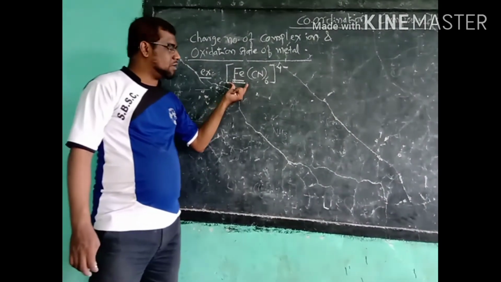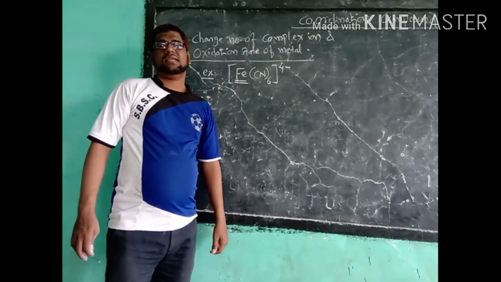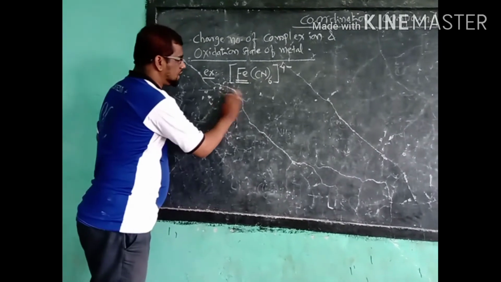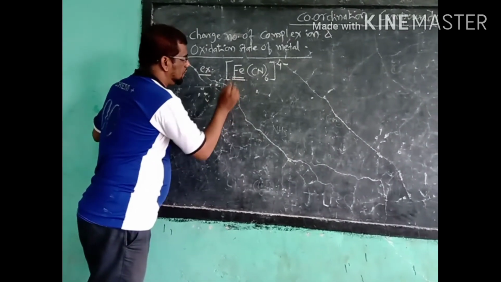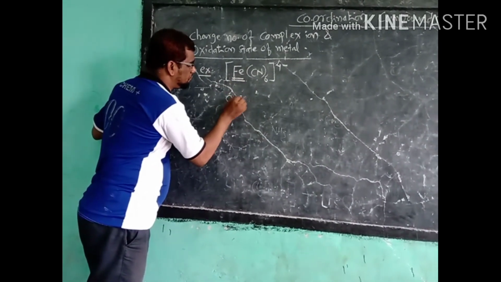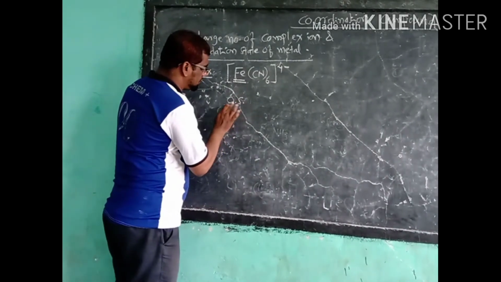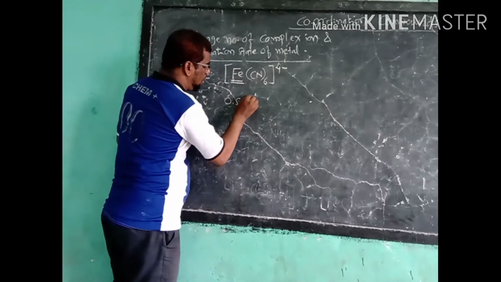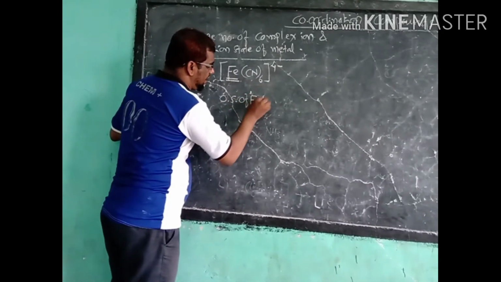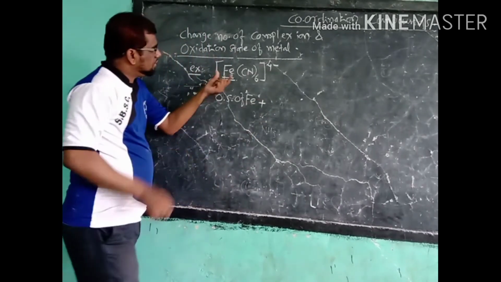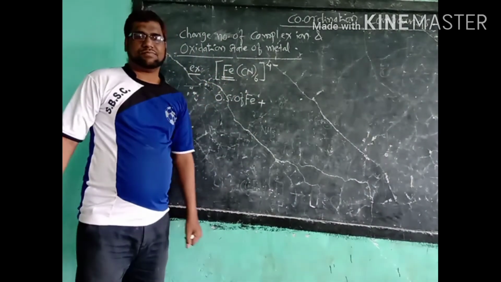For calculating the oxidation state of such a central metal ion, we write the oxidation state which we have to find as it is, that is OS of Fe, plus the second one is the cyanide.